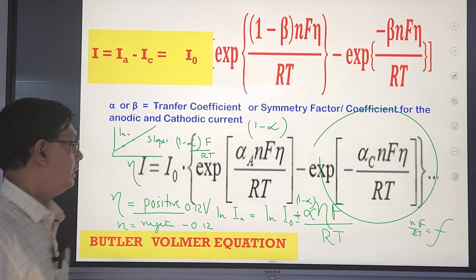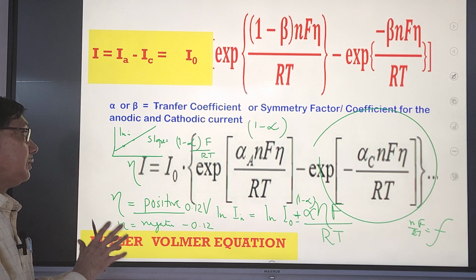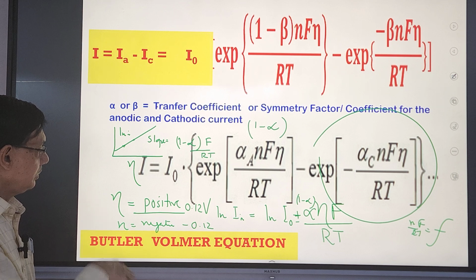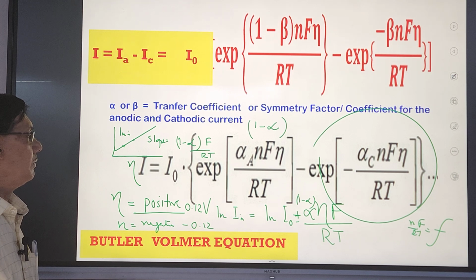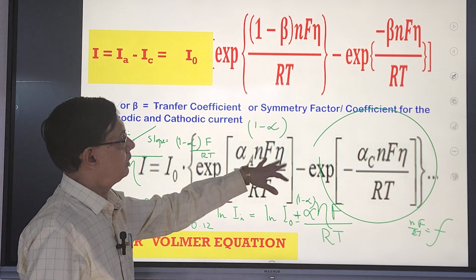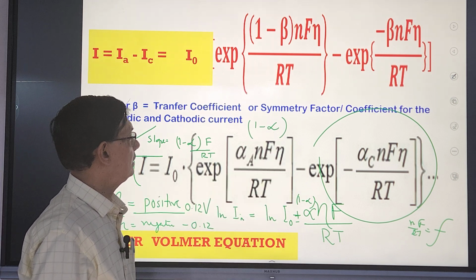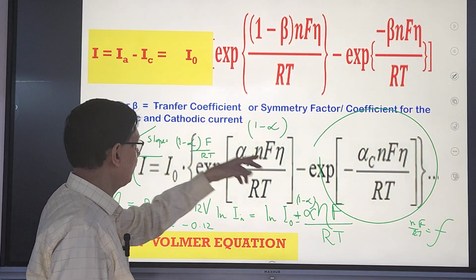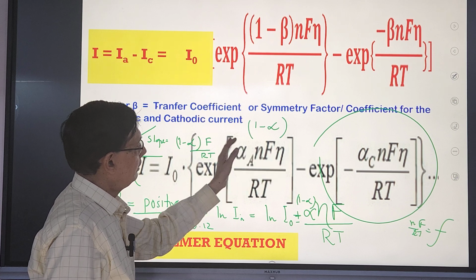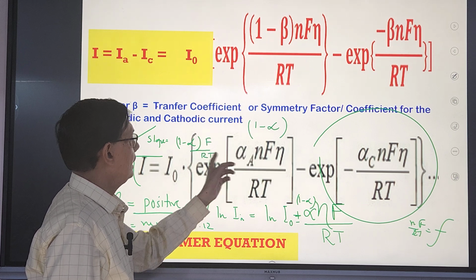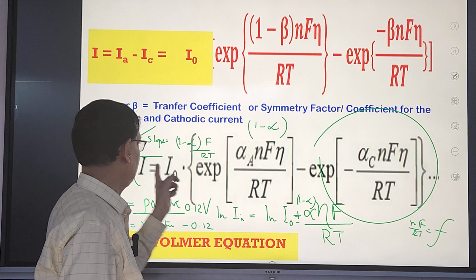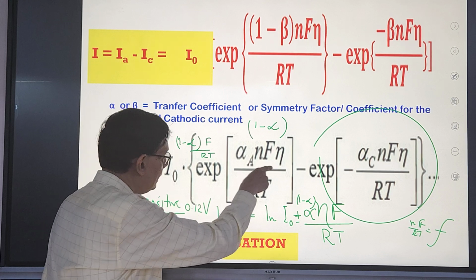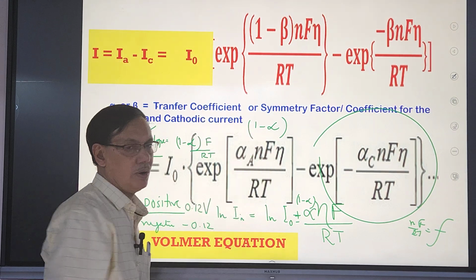So this is the conclusion. And in the Butler-Volmer equation, sometimes if the eta value is very low, then of course we expand the exponential, and when we solve all these things, we get a simple relationship: I is directly proportional to this alpha. Everything will be cancelled, so we'll get only nf, eta and RT. That means there is a direct relationship between the exchange current, the anodic current and the overpotential.